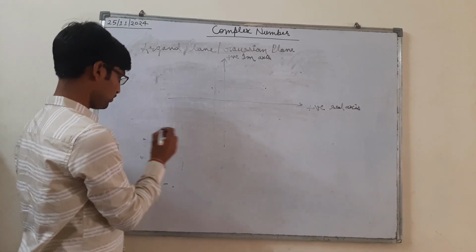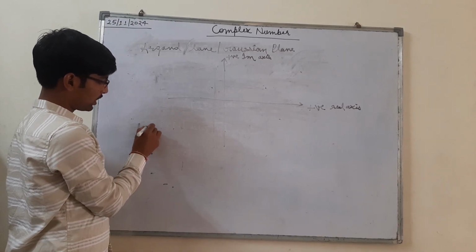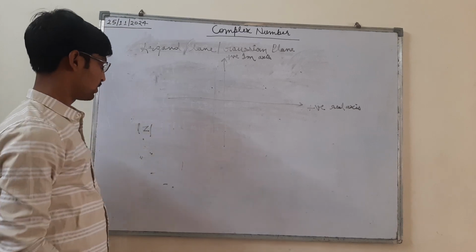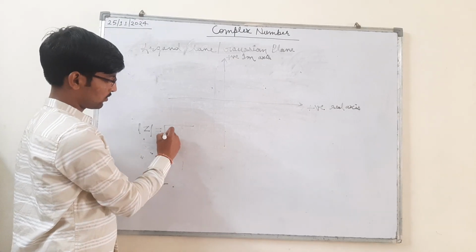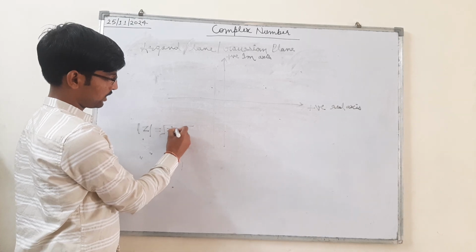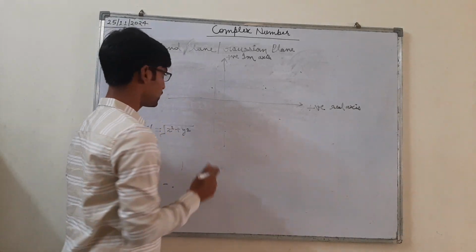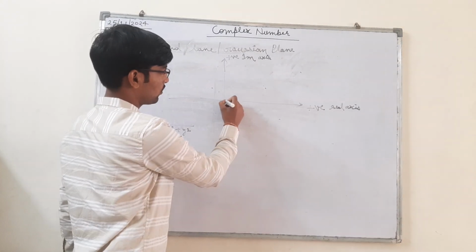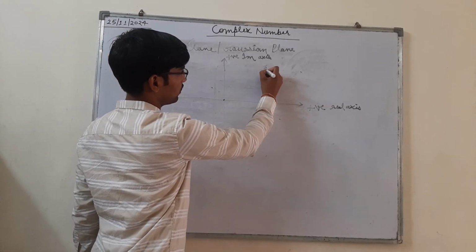Now, for mod z, mod z is the root of x square plus y square. It shows that mod z is the distance of point z from the origin.